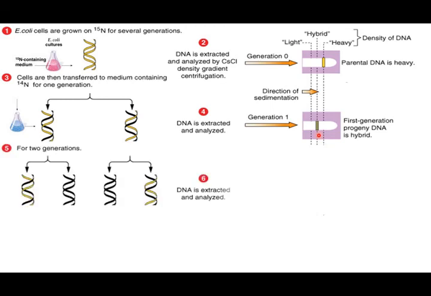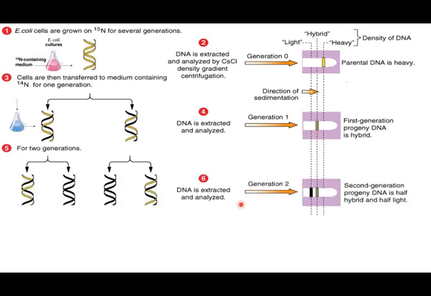Then in the second generation, when the DNA was isolated and centrifuged, they saw that 50% of the DNA was in the intermediate region and 50% of the DNA was in the lighter region.